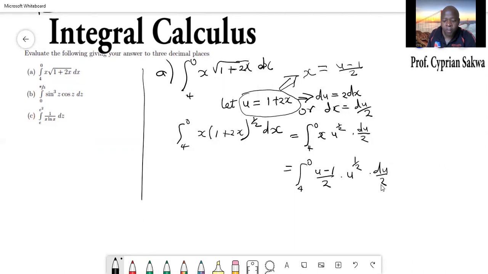At this point, we would take all the constants outside the integral sign, and our constant is 1 over 4. The integral from 4 to 0 of u minus 1 multiplied by u raised to a half du.